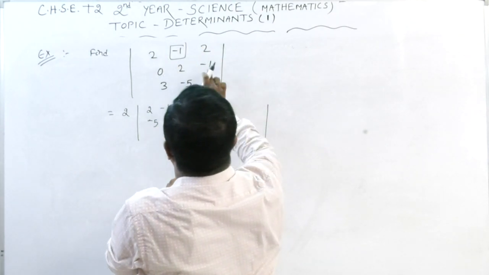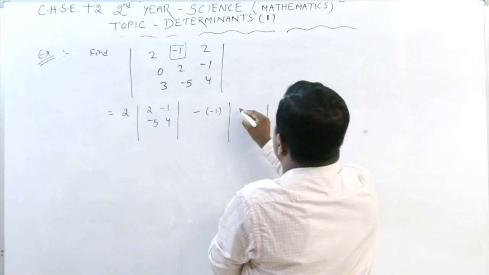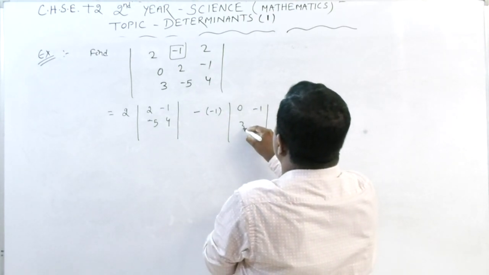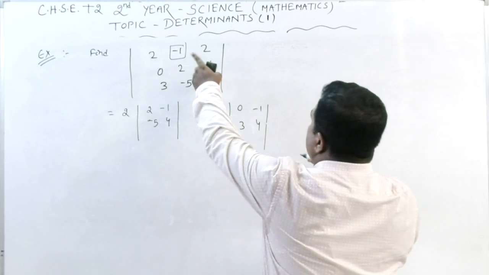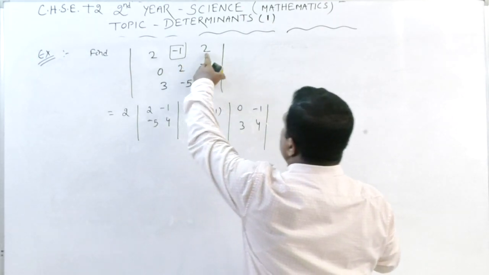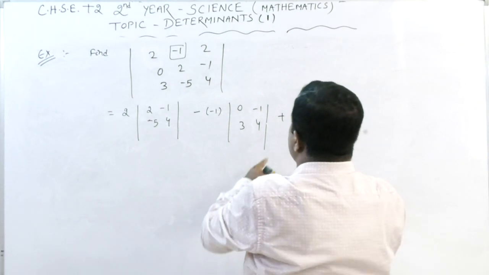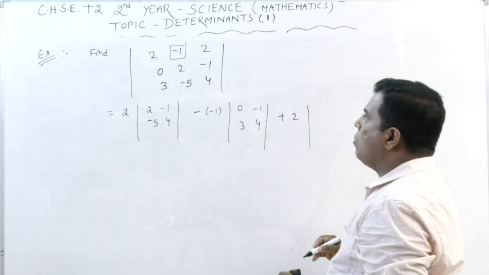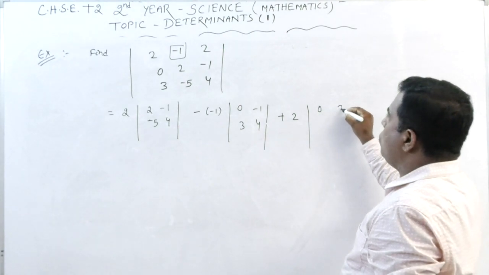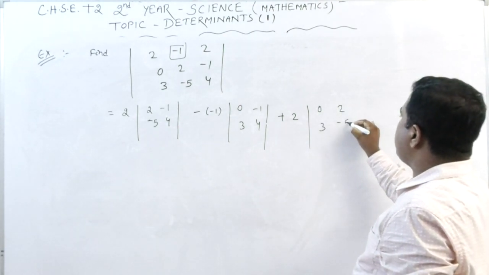The remaining elements are 0, minus 1, 3, 4. So write 0, minus 1, 3, 4. Then for the third element of the first row, that is A13, it is again 2 with plus sign. Now we have to take plus sign. What is there? 0, 2, 3, minus 5.